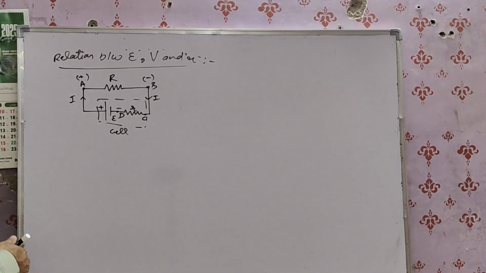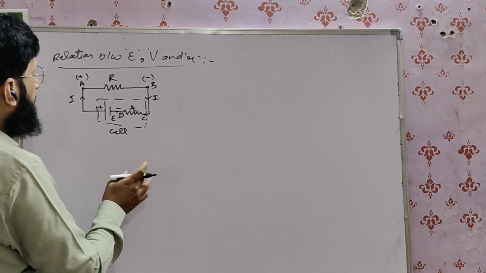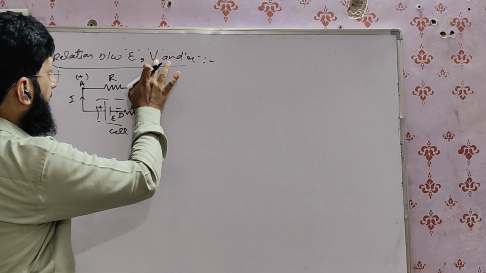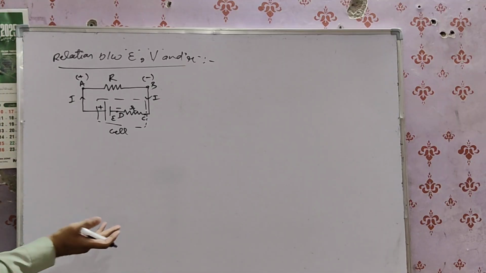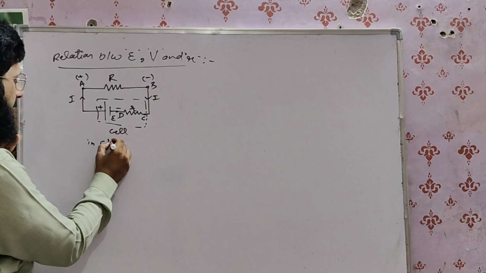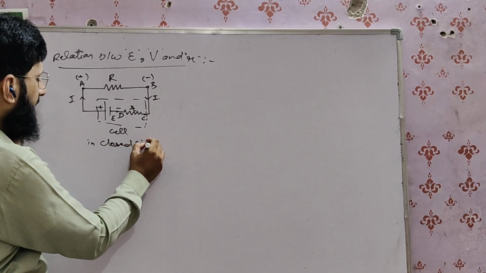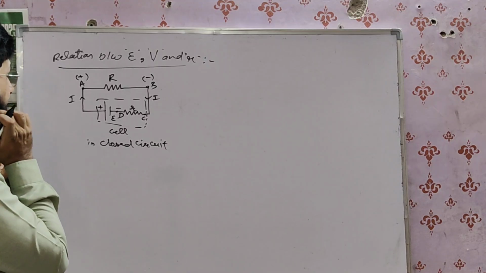Anyways, what we want to do is find the relation between EMF, terminal voltage and internal resistance. So let's find out. This is a closed circuit. Anyways, you don't need to write here whether it's a closed circuit or not. It is easily understood.